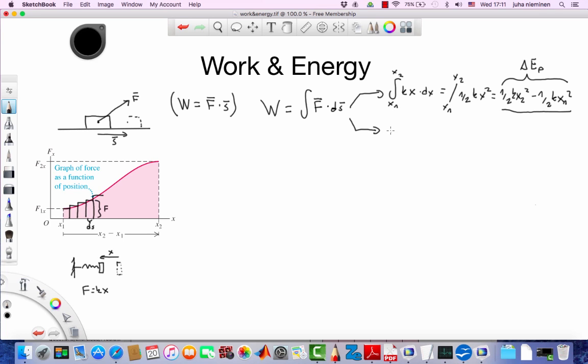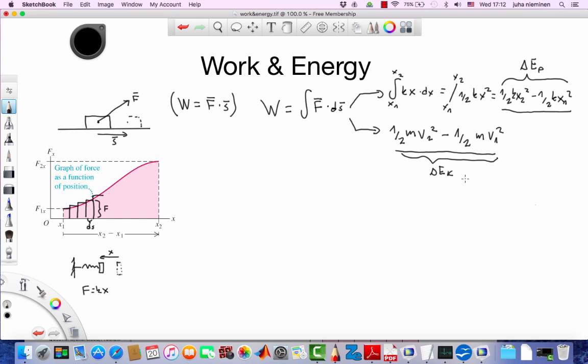The integration takes a couple more steps, but the result is half times m v2 squared minus half times m v1 squared. And this is, as you know, the change in the kinetic energy of the particle.